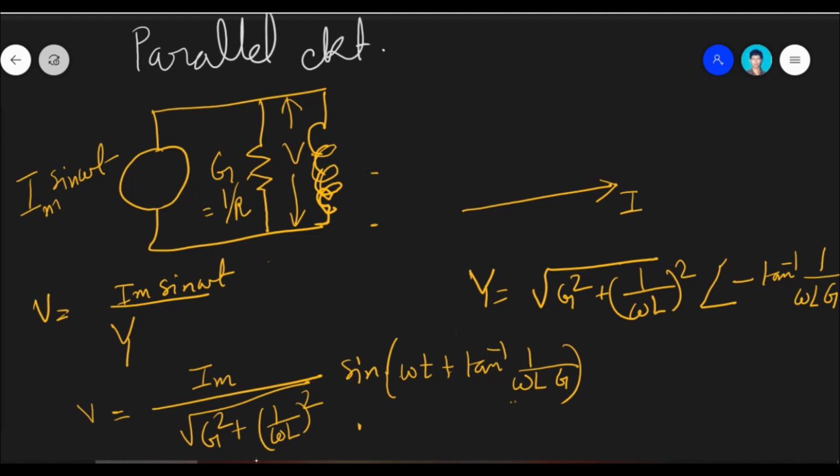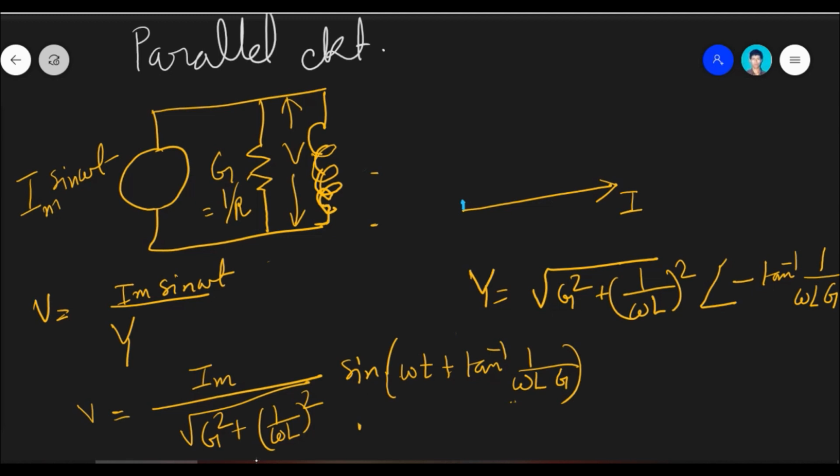Just like what happened in the case of current in a series RC circuit, the same thing will happen to the voltage of a parallel RL circuit. Now, if you take a few values, you will get the curve, and when omega is equal to infinity, what is the situation here?